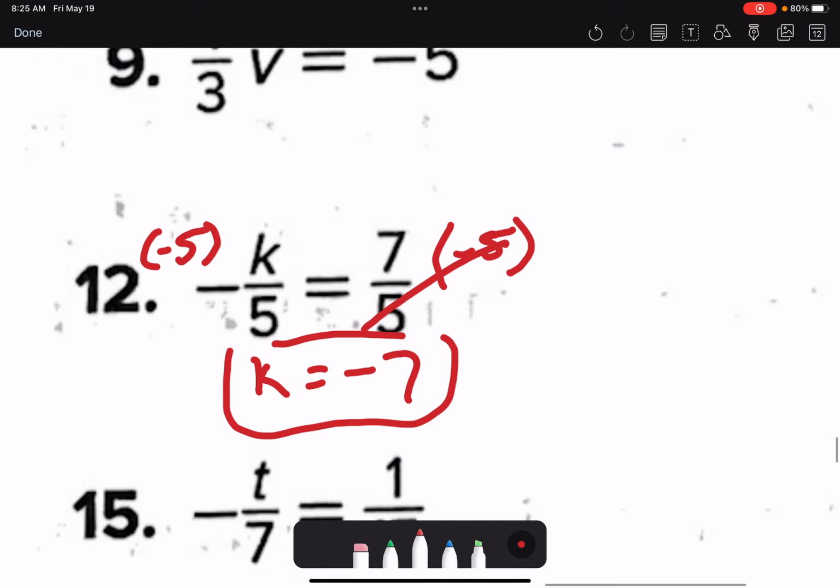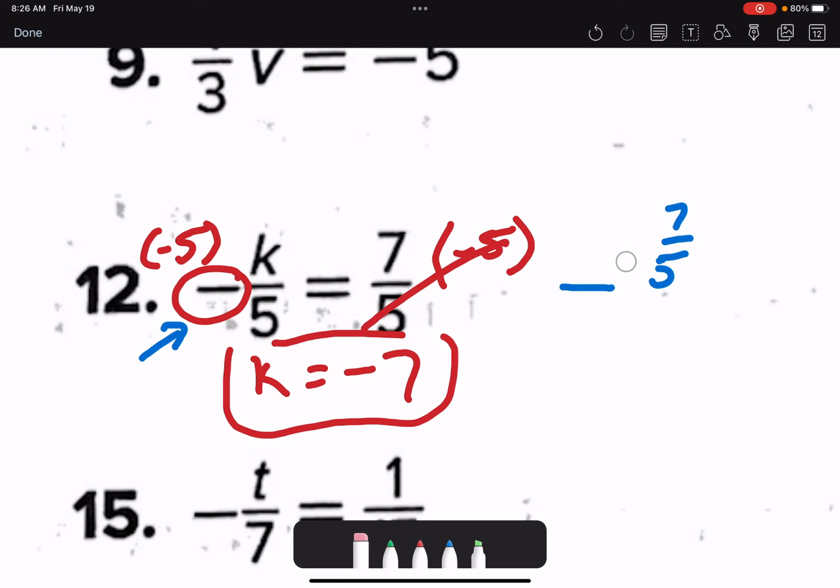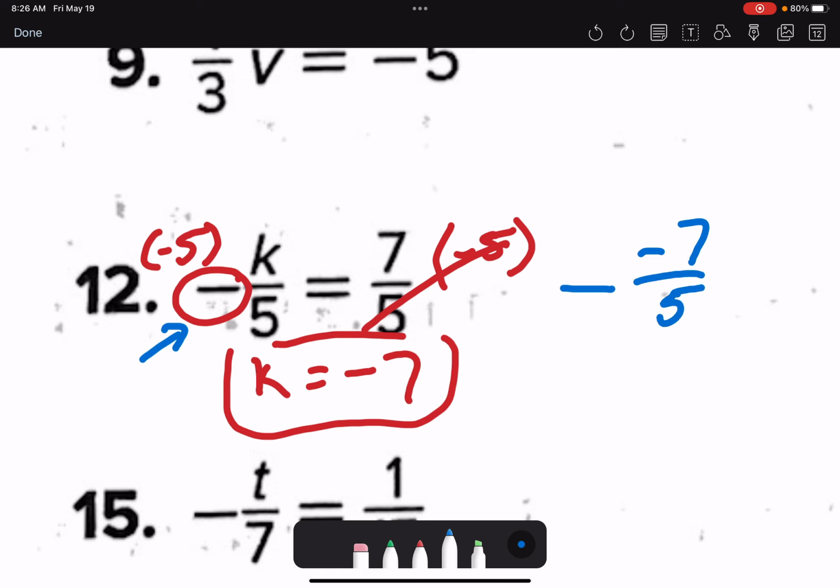Now, when I want to go back to check my work, though, I want to note to you guys, this negative is on the outside of the variable. So when I plug this -7 in, I want you to note that this negative is the one from here. But in my k, I'm going to make this -7 over 5, because it's on the outside.